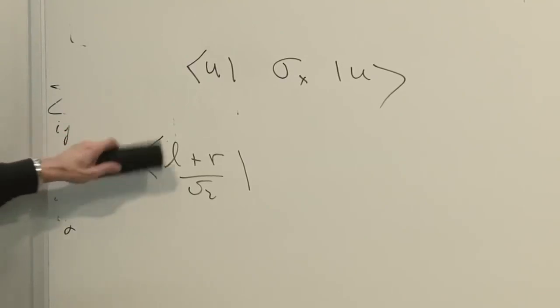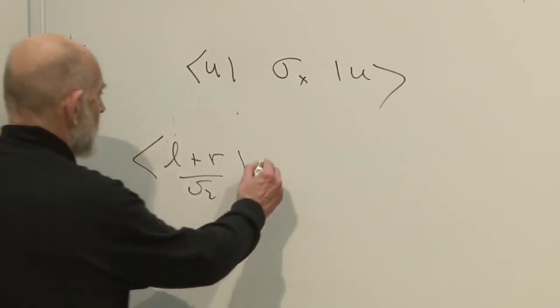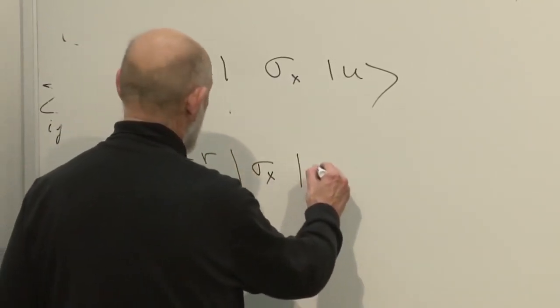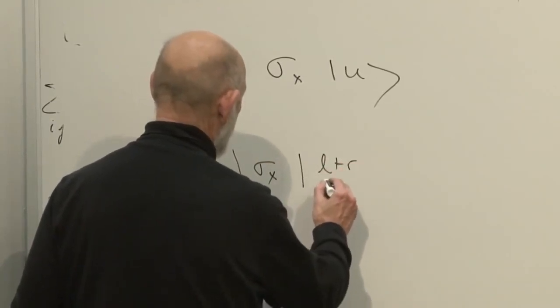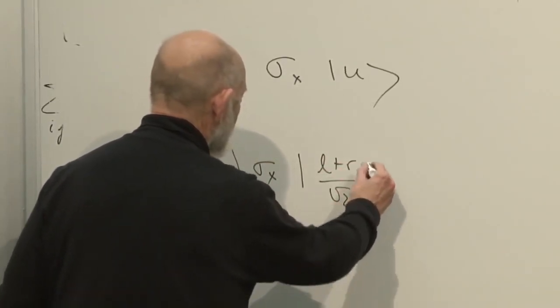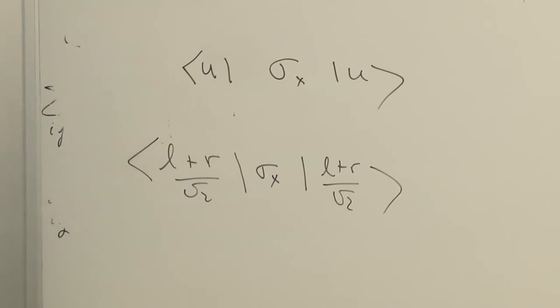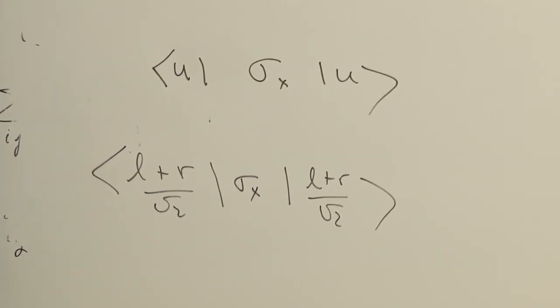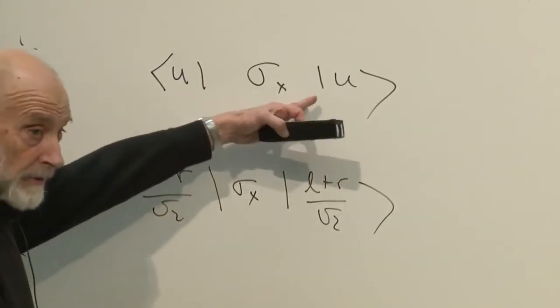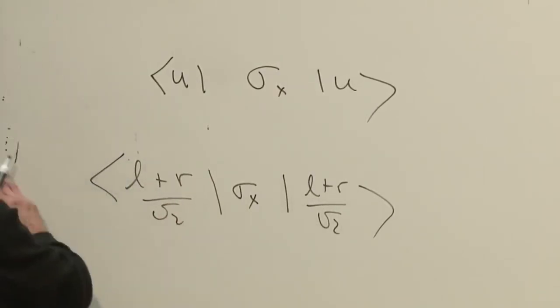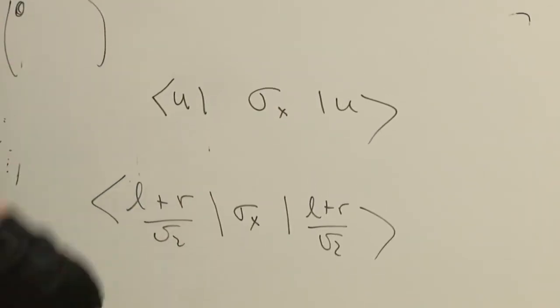So let's just write it as left plus right over the square root of 2, sigma x, left plus right over square root of 2. What is this thing? This is sigma x up, up. There it is. It's the up, up entry.